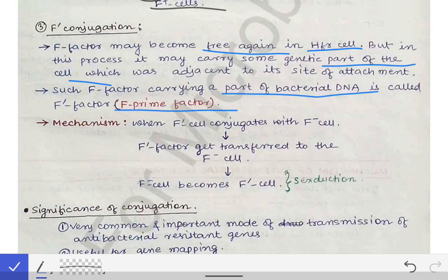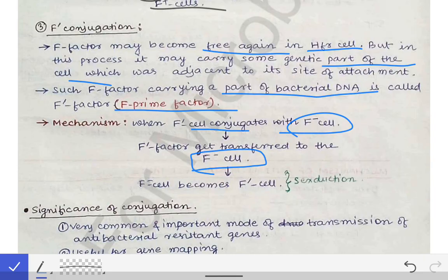Now, the mechanism of F prime conjugation is that when an F prime cell conjugates with an F minus cell, a conjugation tube is formed, and a copy of the F prime factor gets transferred to the F minus cell. As a result, the F minus cell also becomes an F prime cell.